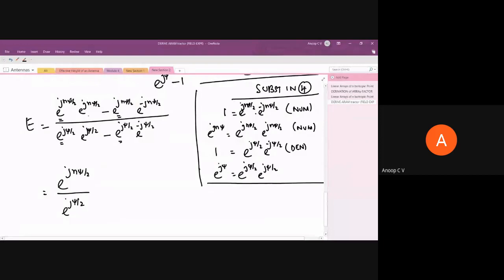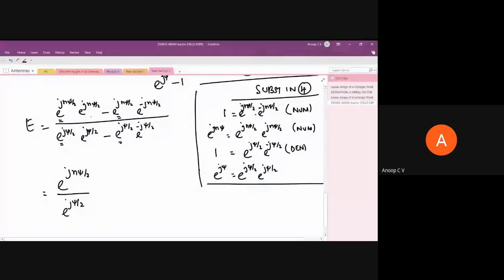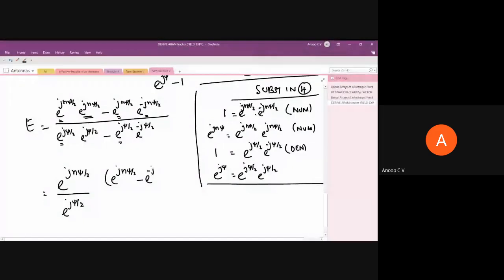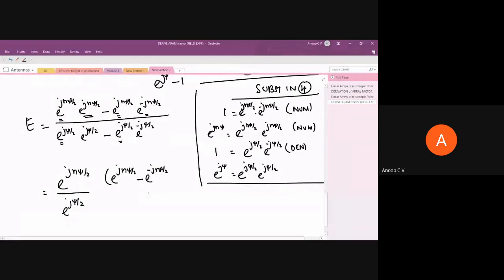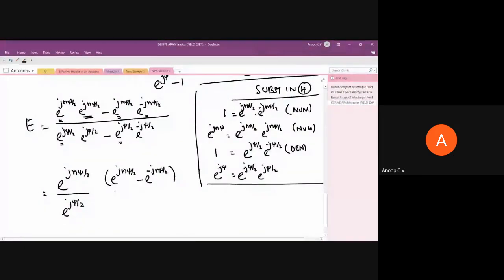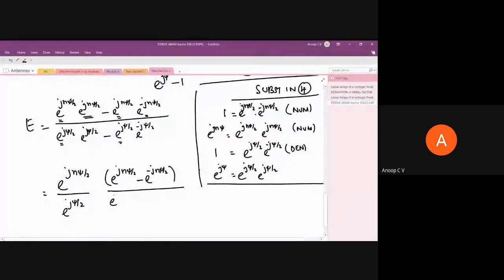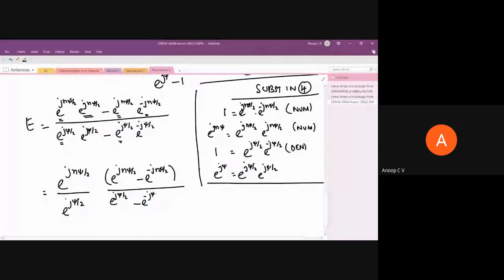Then in the numerator I can write e power j n psi by 2 minus e power minus j n psi by 2, divided by e power j psi by 2 minus e power minus j psi by 2.